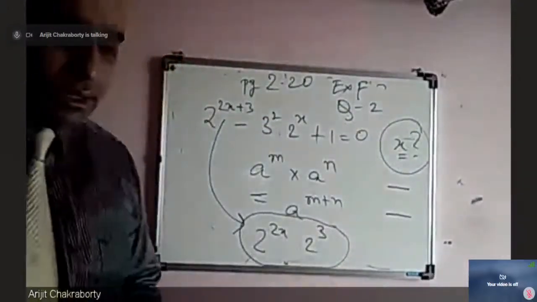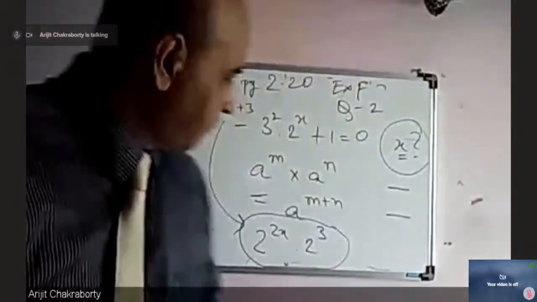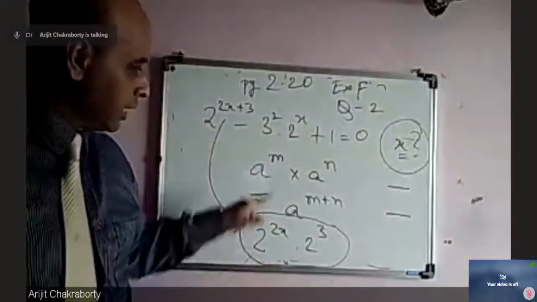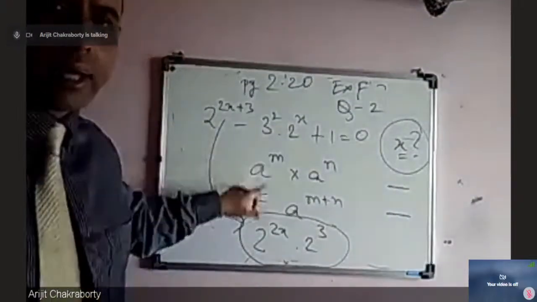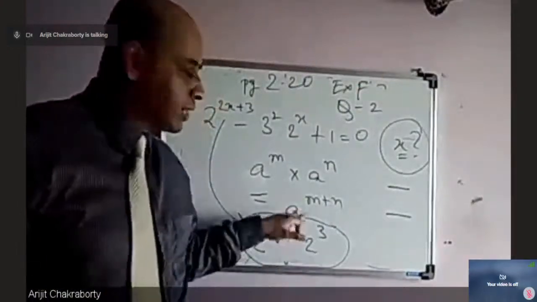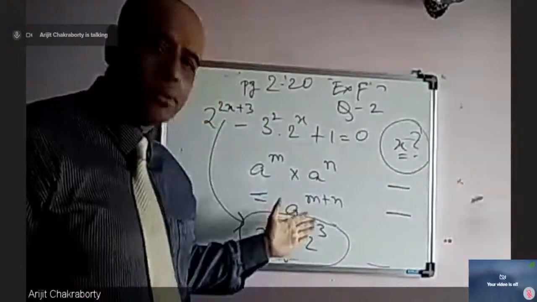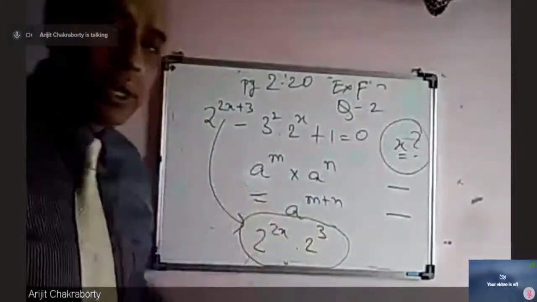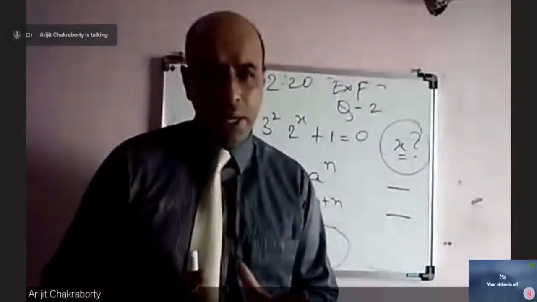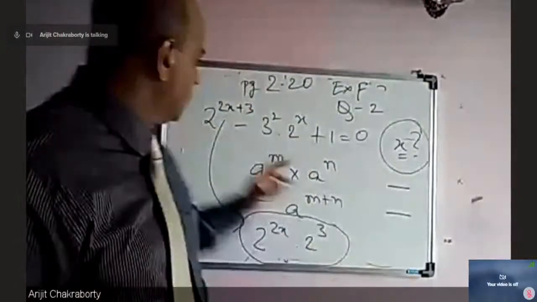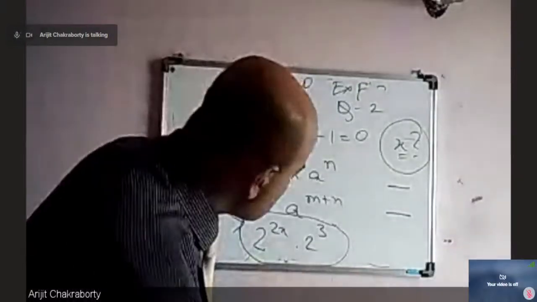As you know, in case of indices, a to the power m into a to the power n is a to the power m plus n, right? So we are following that simple formula, and this is how we are using our knowledge of indices to break this first part. So this is the first part.